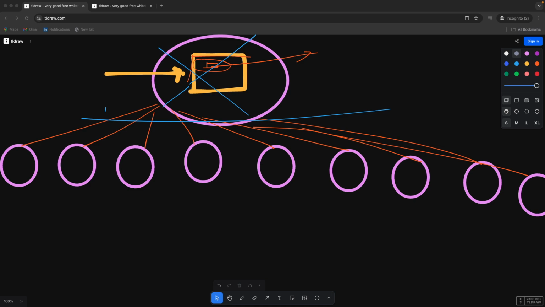Then the next question I want to ask is, will the .com server contain everything, like anything that ends with .com? Notice there is something called an authoritative DNS server.